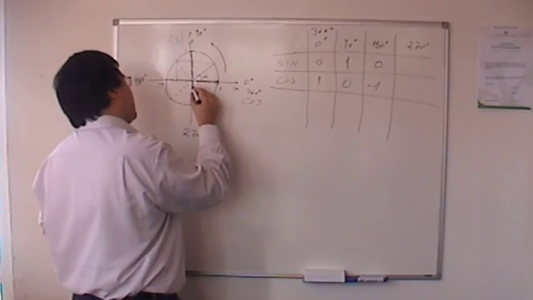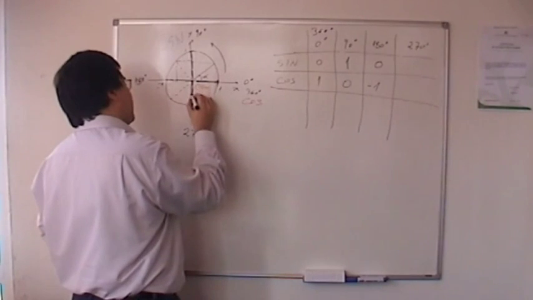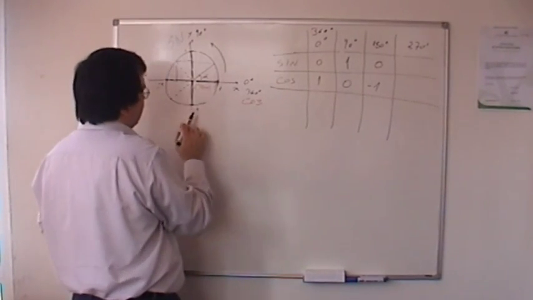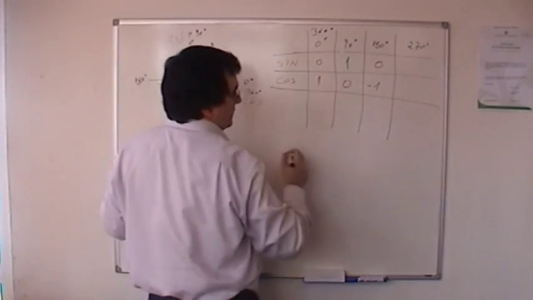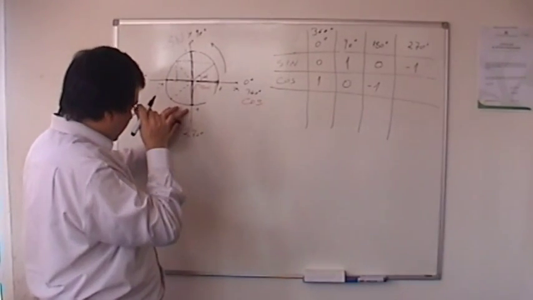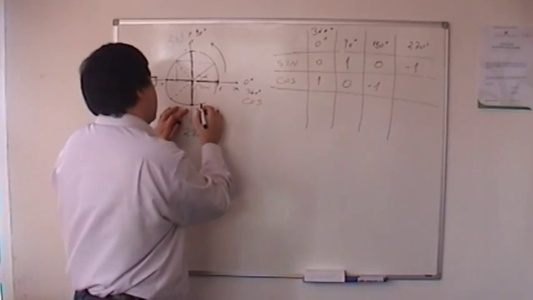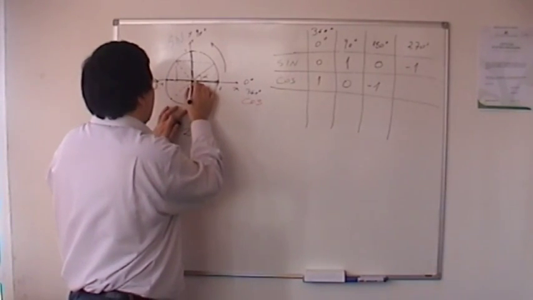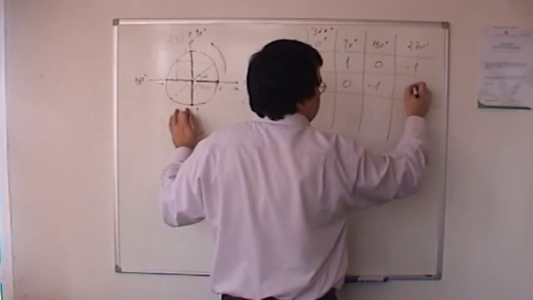So when we reach 270 degrees, the sine of 270 degrees will be -1, the minimum amplitude of the sine function, and the cosine will reach 0 again.